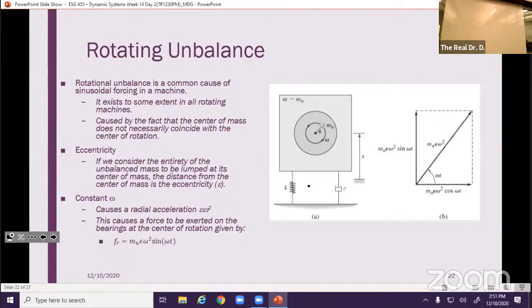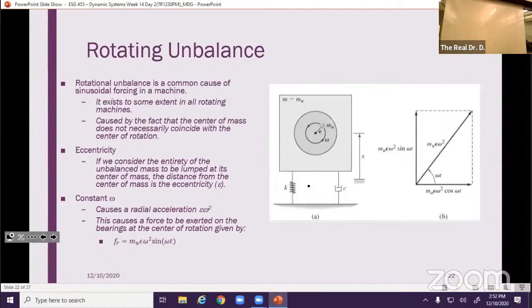Constant omega causes a radial acceleration epsilon omega squared. This causes a force to be exerted on the bearings at the center of rotation, given by F sub r is equal to m sub u epsilon omega squared sine of omega t.